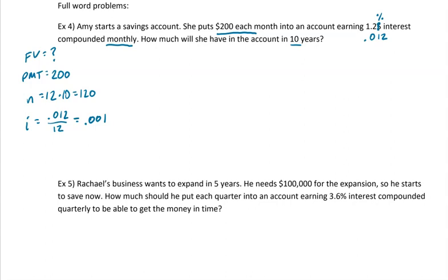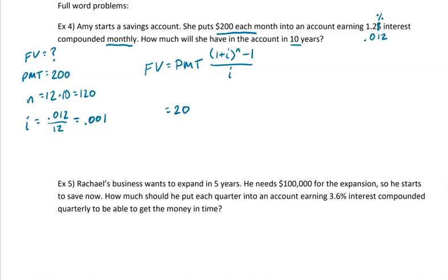So we're solving for FV, so the formula we're going to use is FV equals PMT, and on the top we have 1 plus I to the nth minus 1 all over I. So let's go ahead and start plugging stuff in.